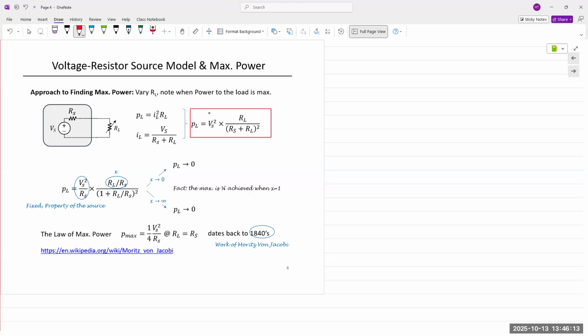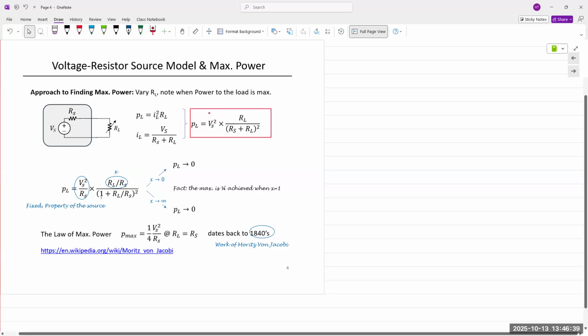Okay. So now let's take the terms outside. And so we can get Vs square and RS square together. So we're trying to find the maximum power. So we want to find the relationship between RL and RS. What value of RL compared to RS gives us the maximum power?